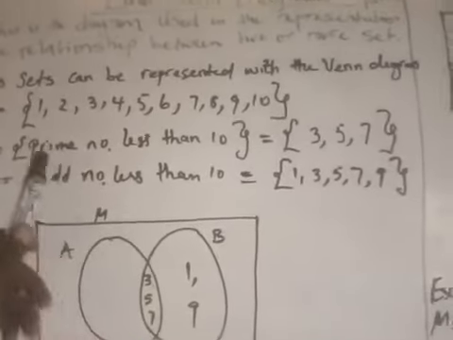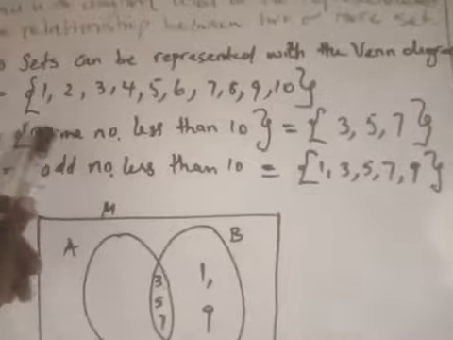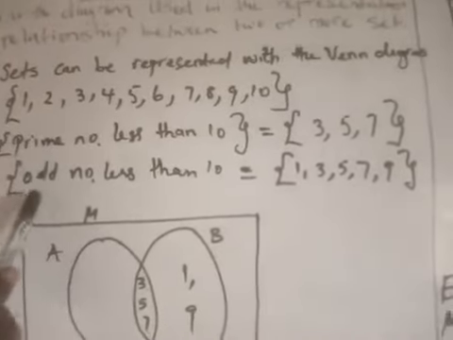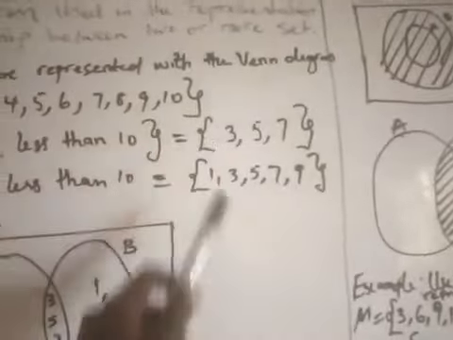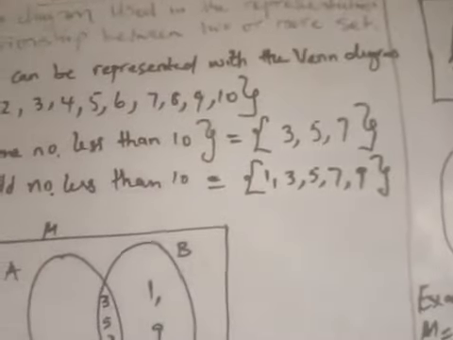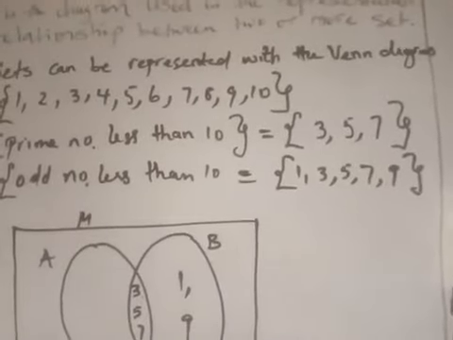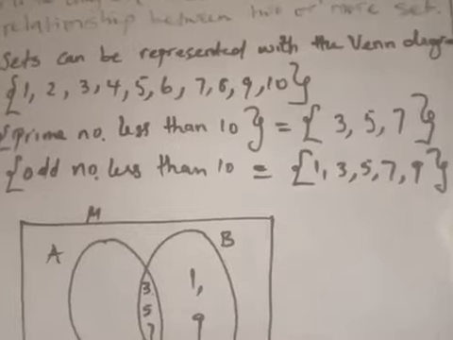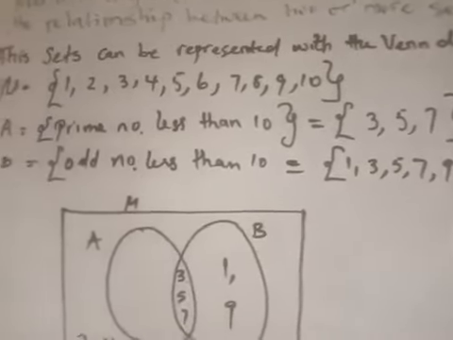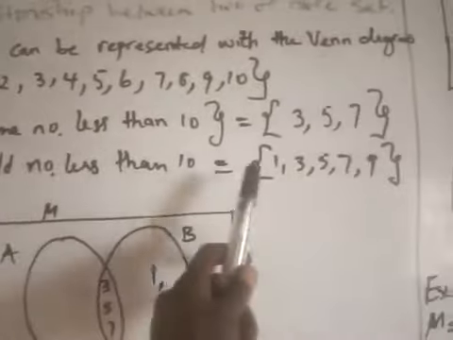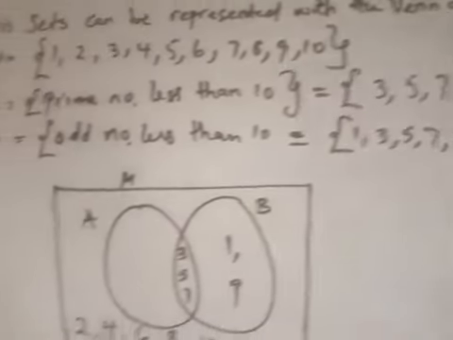So the first thing you should take note of is: what are prime numbers? What are odd numbers? These 3, 5, and 7 are prime numbers. They are numbers that can be divisible by 1 and themselves. And odd numbers are what? 1, 3, 5, 7, 9.